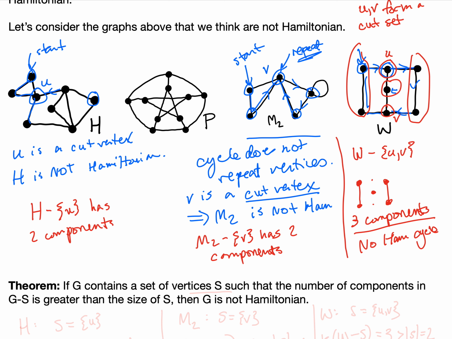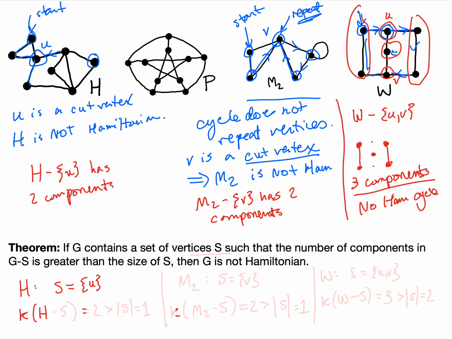So for the graph H above, the set S was just the single vertex U, and the number of components in H minus S was 2, which is greater than the size of S, which is 1. In the graph M2 above, the set of vertices is again just that single vertex V, and so the number of components in M2 minus S was 2.